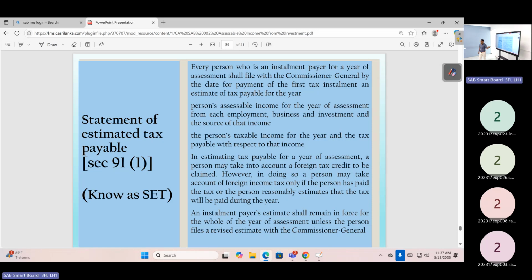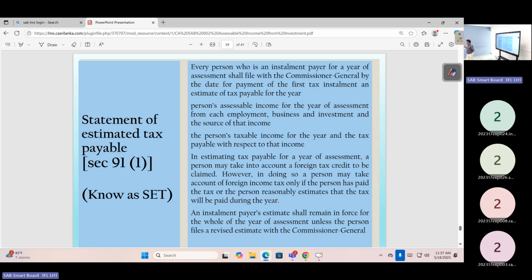If there is a revision, I can submit a revised estimate. That is possible. It shall be done on or before the due date of the next installment payment. Say I made the first installment on 15th August based on the estimate and submitted the estimate as well.